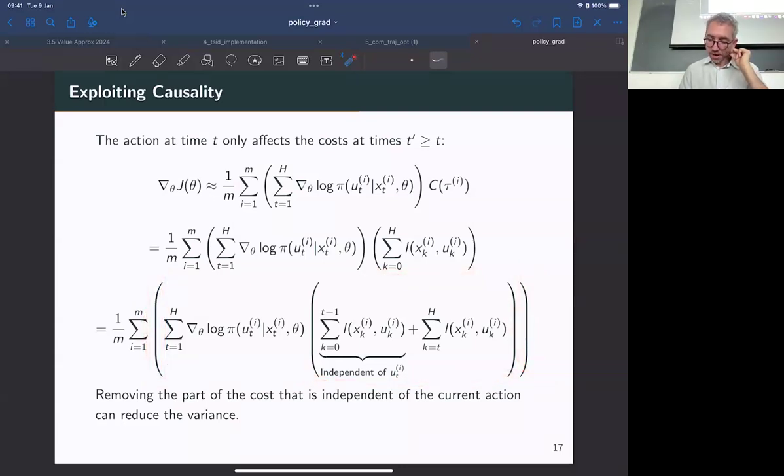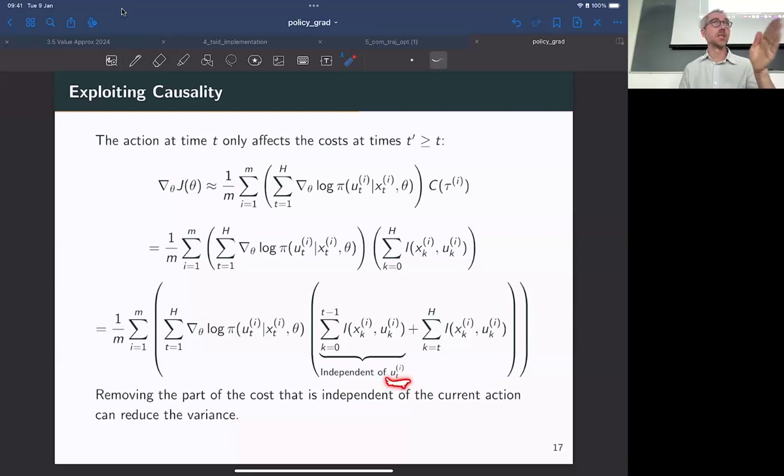Okay, so far I've just rewritten the original expression in a different way, making it more explicit that here I have two components, one that depends on the past and one that depends on present and future. What I can observe is that this part here of the cost is independent of the action u at time t, because that's the cost before arriving to time t.